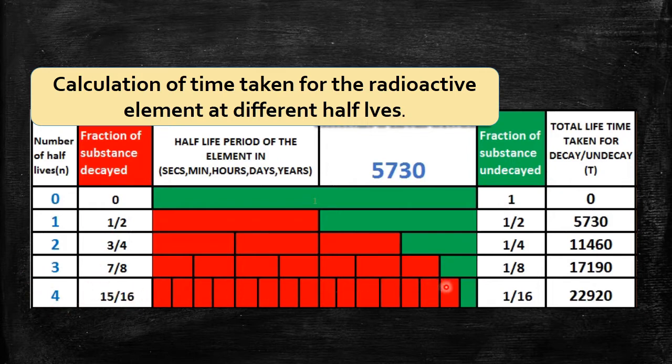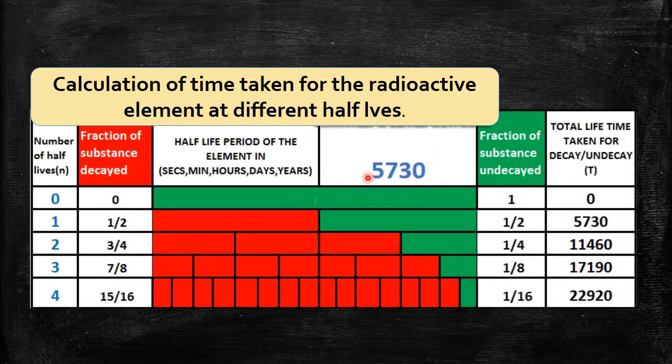The remaining part, that is 1/16 of the radioactive element, is not yet decayed. For that it takes a time of 22,920 years. Understood? So you can substitute any value of half-life period here. You will get the respective total lifetime for decay or for undecay.